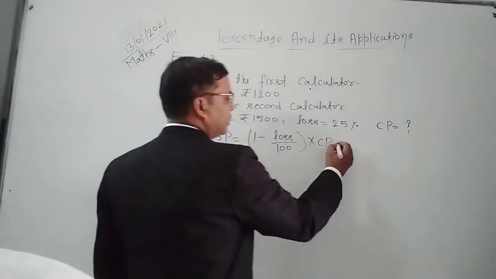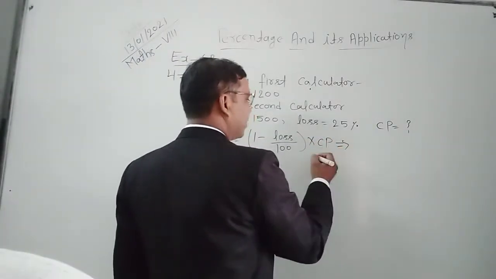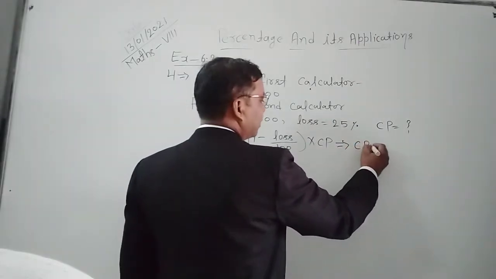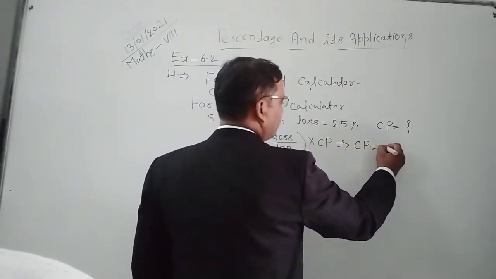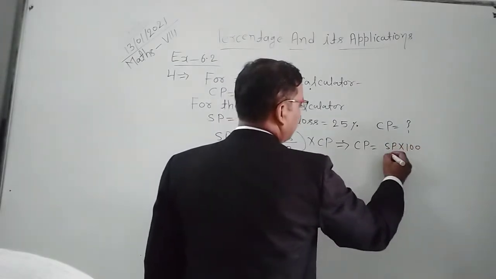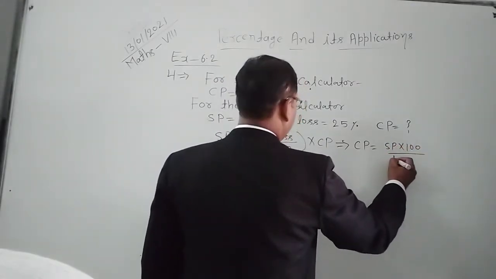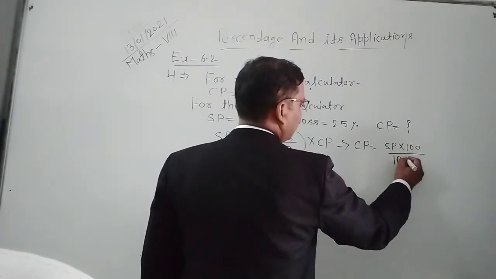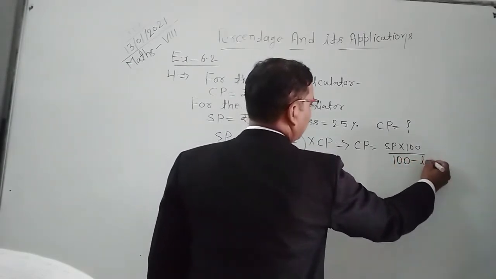Or you can say, if you simplify it, then cost price is equal to SP into 100 divided by (100 minus loss).